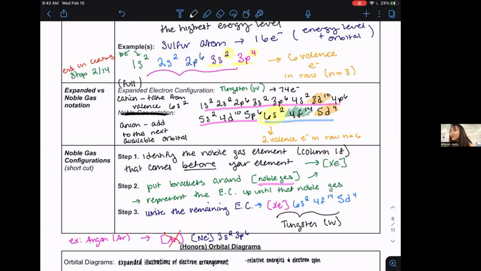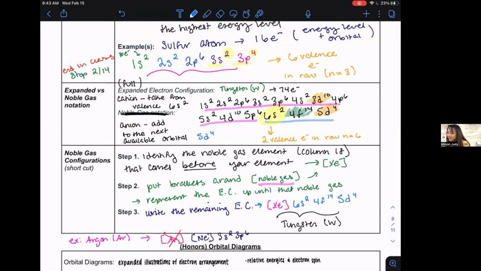So you follow electron configuration. What we would do is add to 5D4. We become 5D5, 5D6, 5D7, 5D8. We wouldn't jump to 6P yet. We would add to the next available orbital spot. Weird, right? Kind of cool.